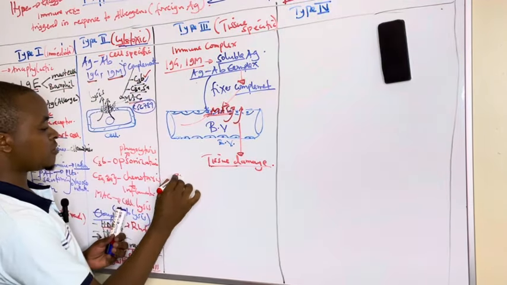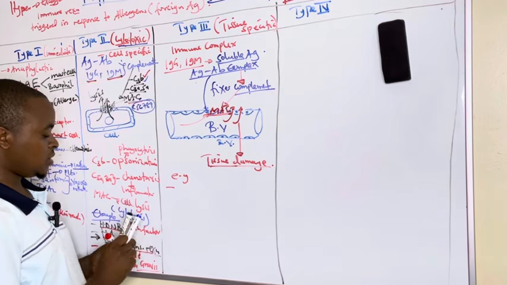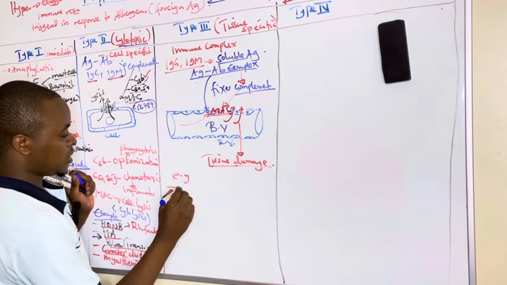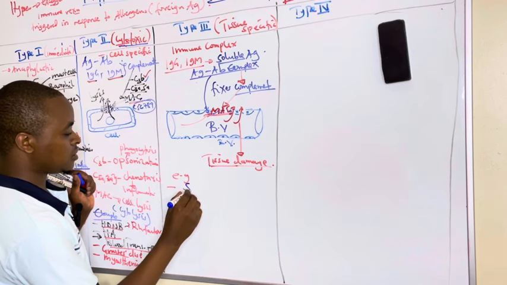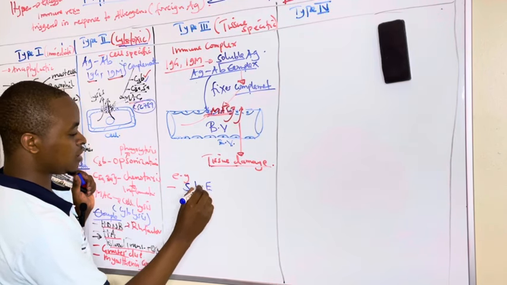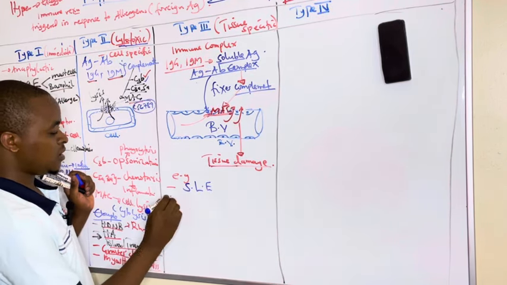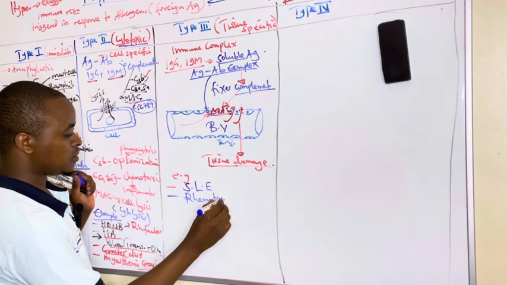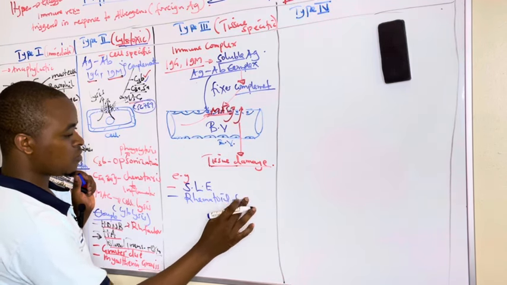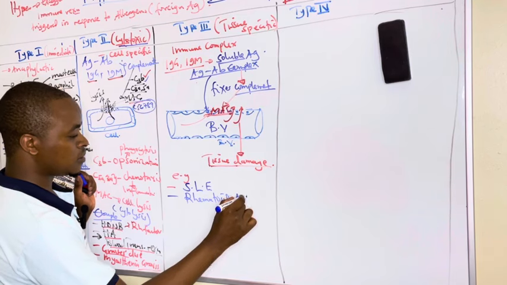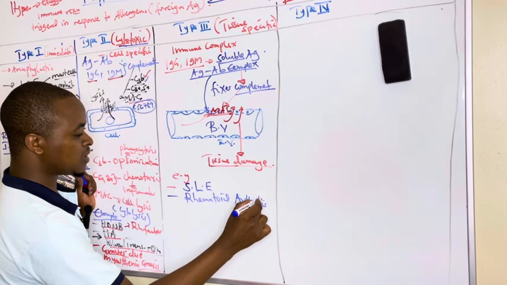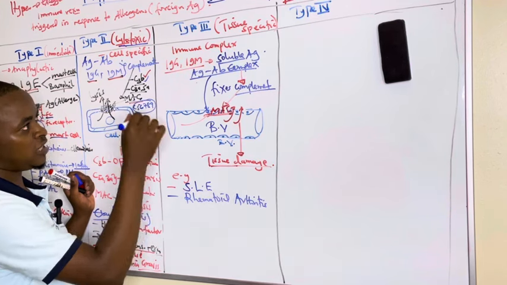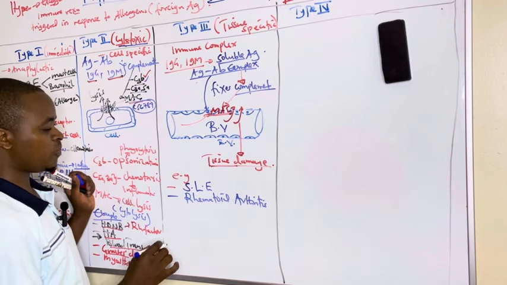Examples of these reactions include systemic lupus erythematosus. Another is rheumatoid arthritis, which affects the joints, leading to inflammation of the joints due to the deposition of the soluble immune complexes.